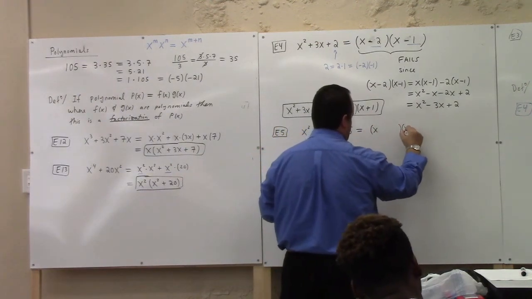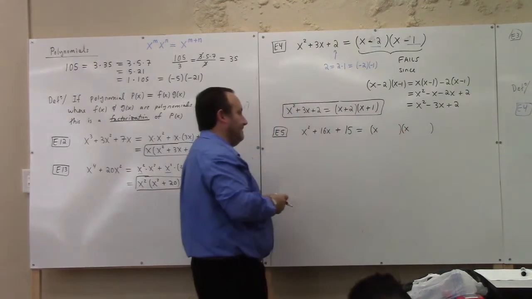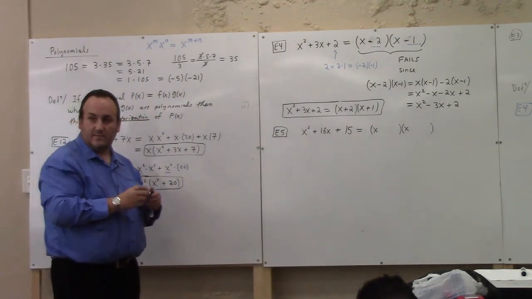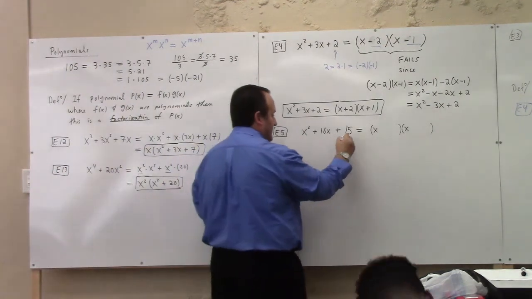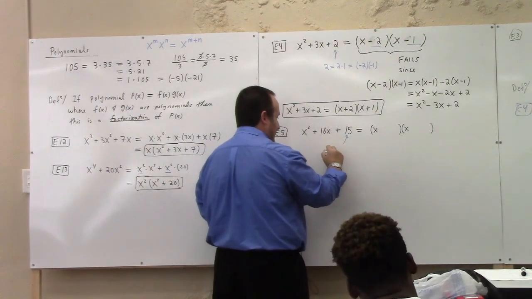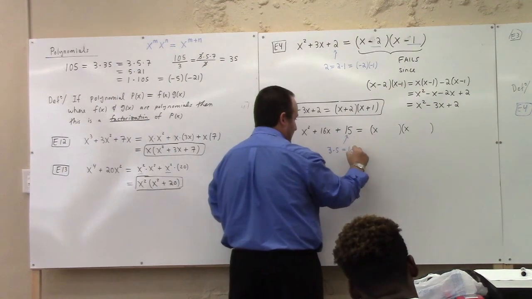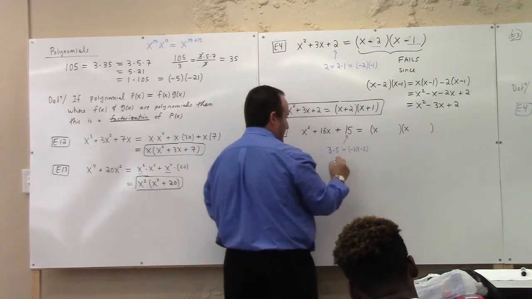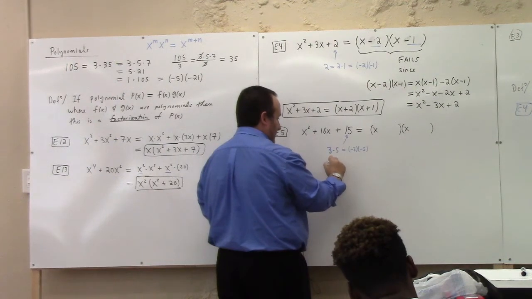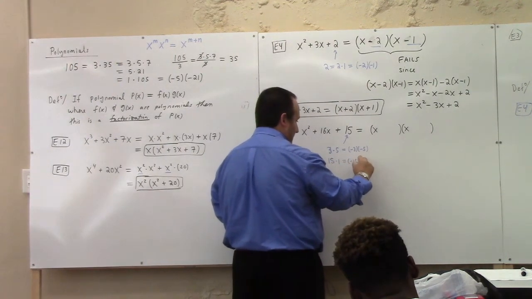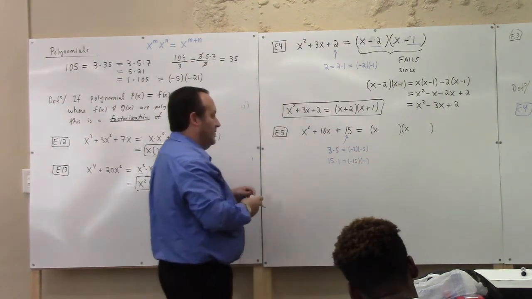Here's kind of our template. So how can you get 15? What are different ways to get 15? Well, 15 is 3 times 5. It's minus 3 times minus 5. It's 15 times 1. It's also minus 15 times minus 1. I mean, there are four flavor choices.